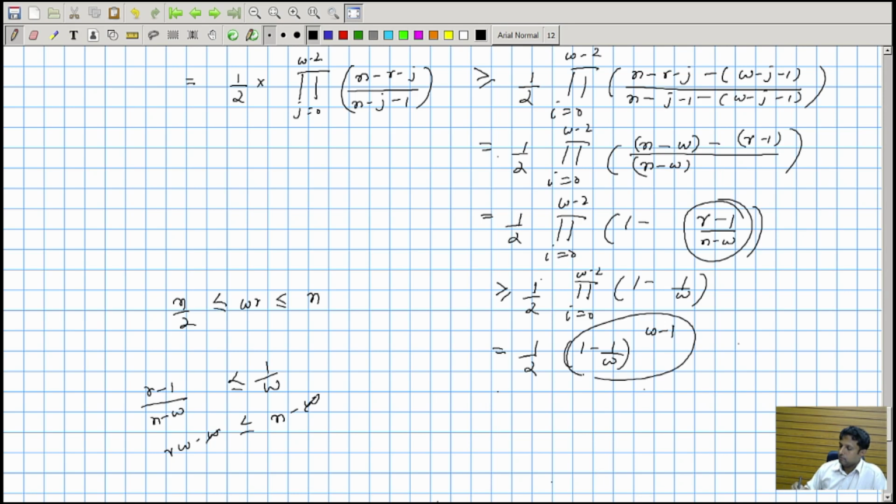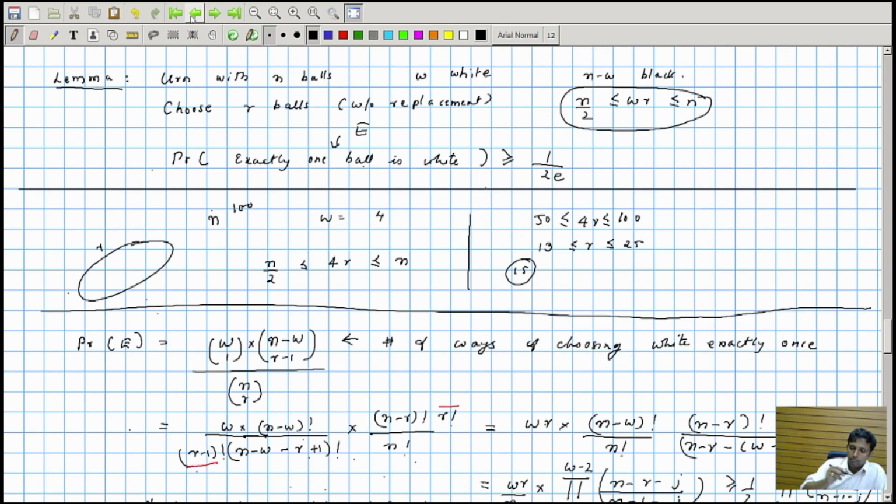And this expression, we can say that it is always greater than 1 over e. So this is greater than 1 by 2e. So what this means is, if you choose r balls without replacement from a collection of n balls, out of which w were white, and if it satisfies this particular relation, then with probability 1 by 2e, exactly one ball is white.